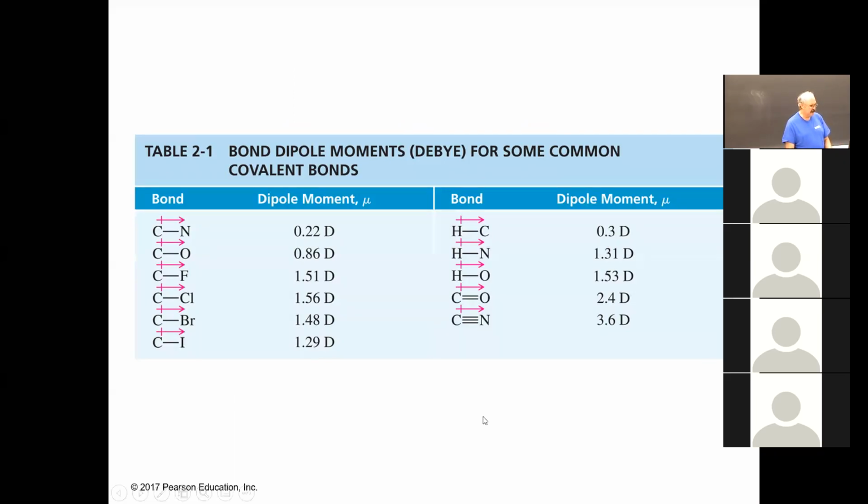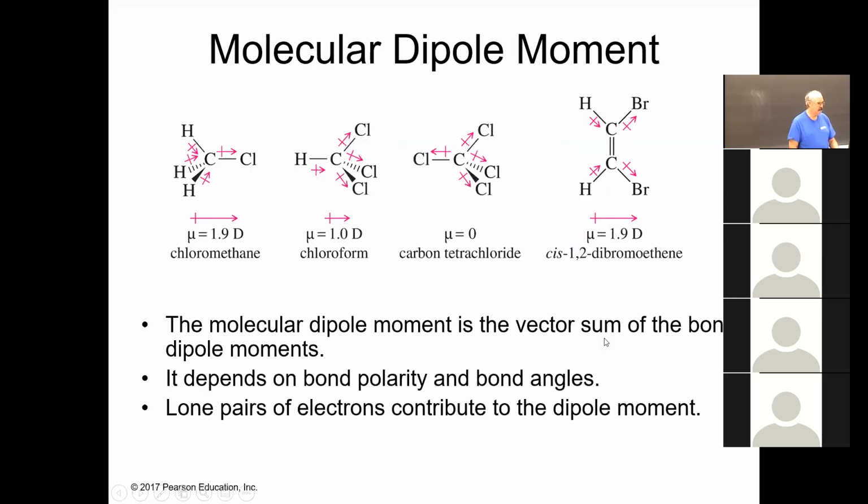Notice here the C=O double bond and C≡N triple bond have an especially large dipole moment. A molecule can have polar bonds and be polar or non-polar depending on whether these bond dipoles cancel each other out.